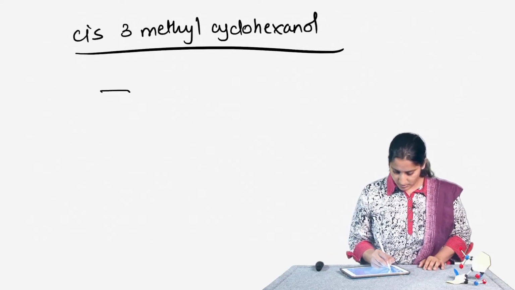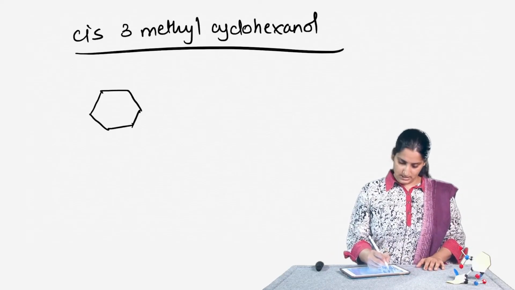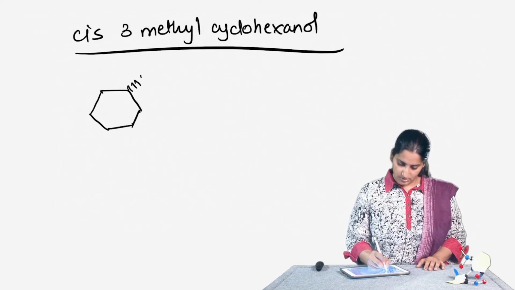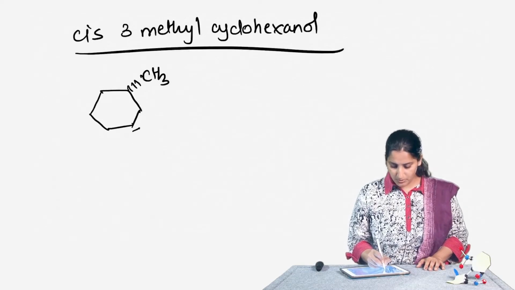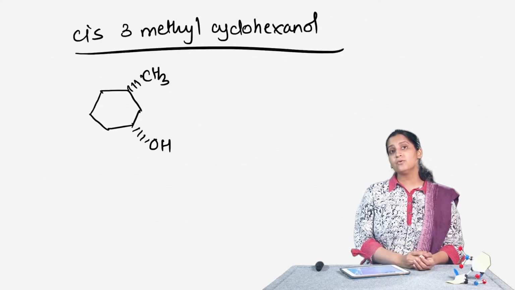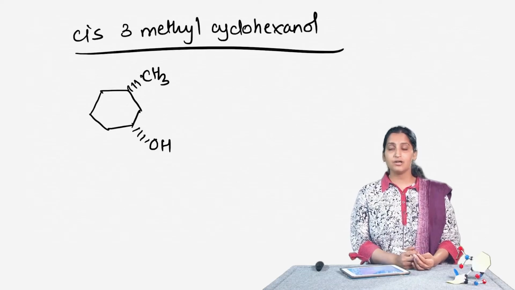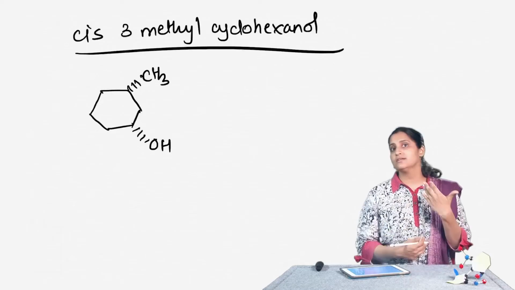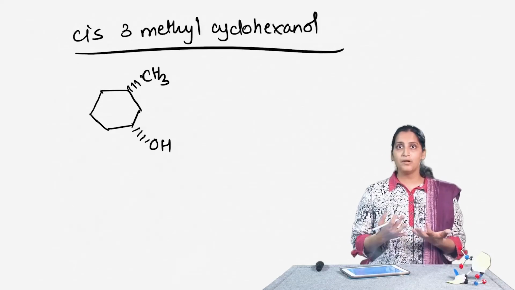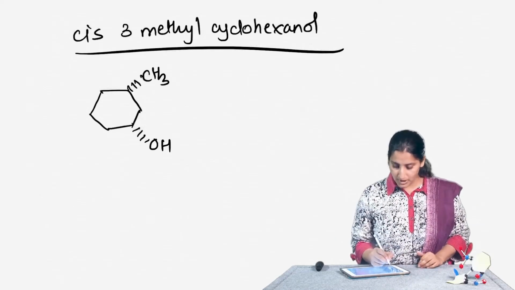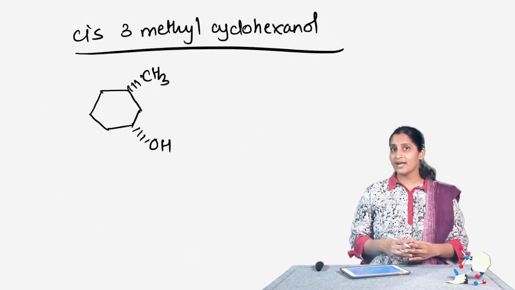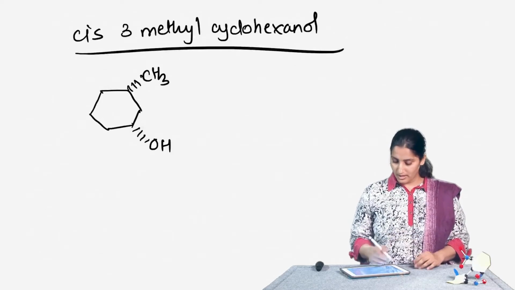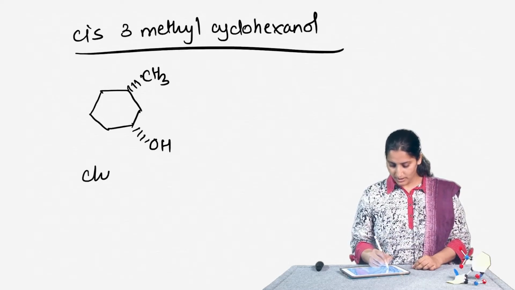So, in this case, cis meaning both of them are either going away from you or both of them are coming towards you, right. There is no plane of symmetry, as you can see, because one is a methyl, one is a OH, right. So, there is no plane of symmetry. This is going to be a chiral molecule. It is going to exist as a pair of enantiomers, okay, and this is going to be a chiral compound.